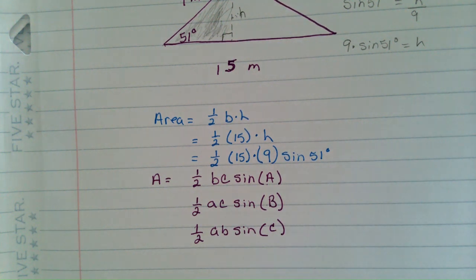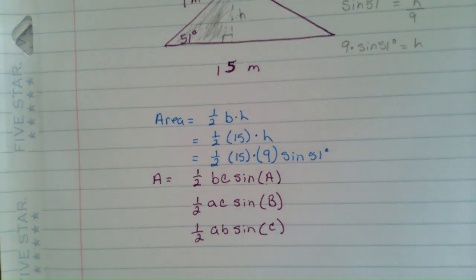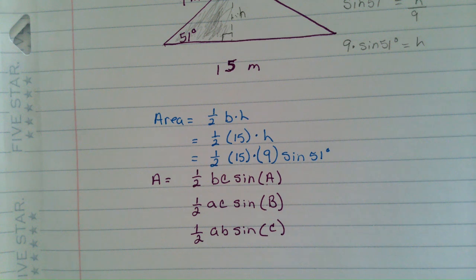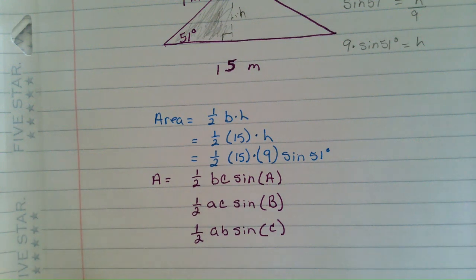So that's your formula for when you don't have a right triangle and you need to find the area. If it's just any triangle and you don't have that perfect altitude, this is your formula for it. Or you can solve for the altitude every single time and things like that. So formula, yay. If you forget the formula, you can solve for the height and you can still do base times height divided by 2, which is what you've been doing for how many years now?